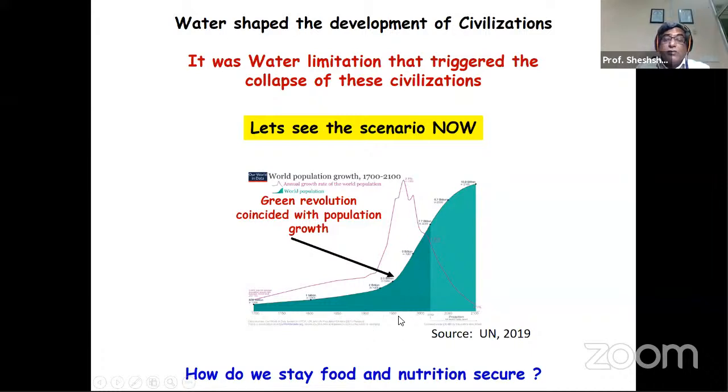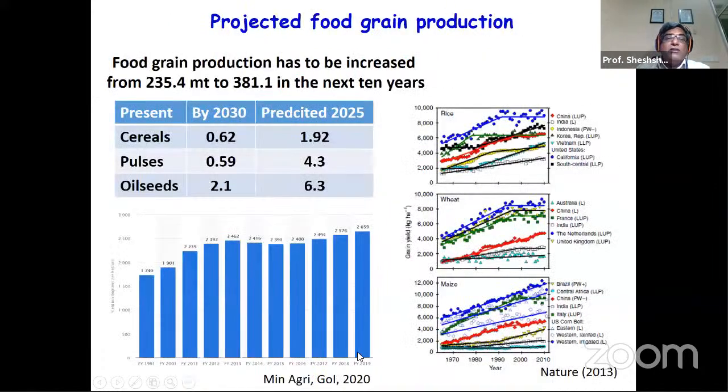And then the question we have, as scientists from agriculture, is whether we can stay secure in terms of food and nutrition. But when you look at the situation in the world, and definitely in India, food grain production is actually coming down a lot.